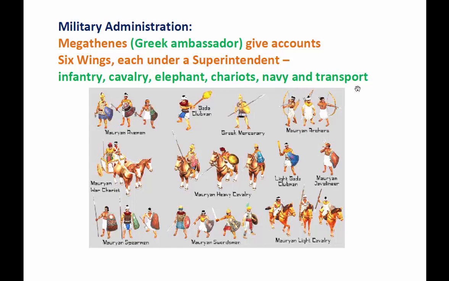Their military was so excellent that they could defeat any kingdom and extend their empire. So this is the military administration during the time of the Mauryan Empire. These are some of the important points.